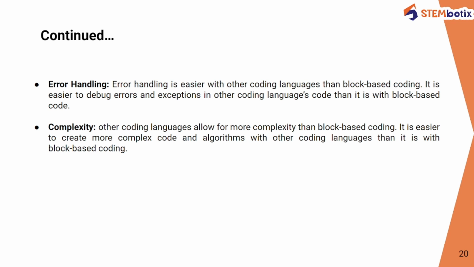So there are some pros and cons of each coding language. There are some advantages of block coding, whereas there are some disadvantages as well. And also there are some advantages of text-based coding, and there are also some disadvantages. So this was just the comparison between text-based coding and block coding.